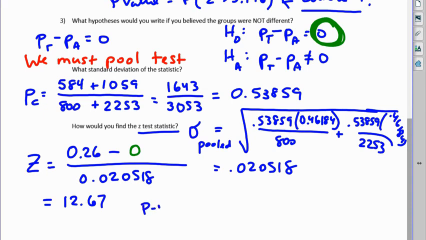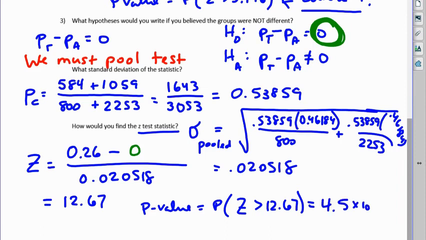So our p-value, if you told me a z going greater than 12.67, I'm even going to find out roughly what that is. 4.5 times 10 to the negative 3 times 2, because you got to double it for the two tail. 8 point, well, let's call that 9 because of my rounding.